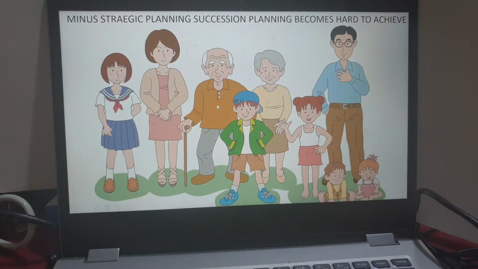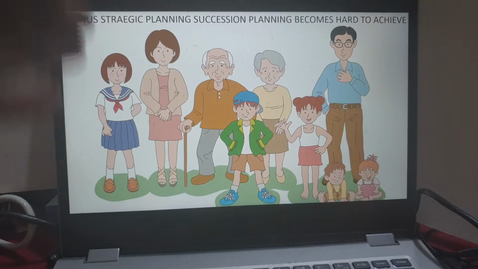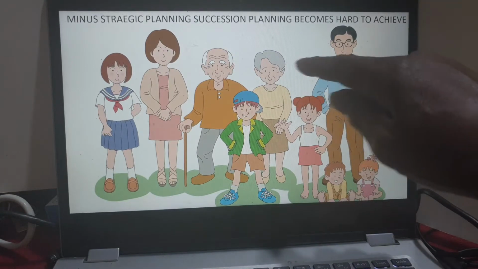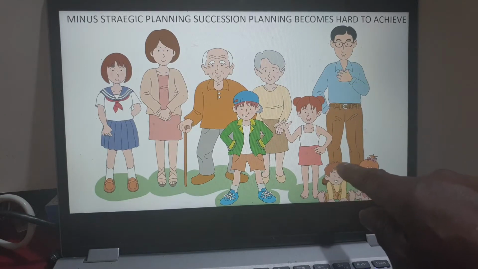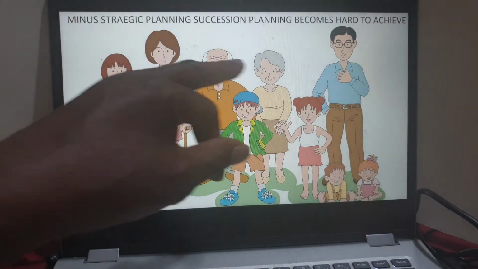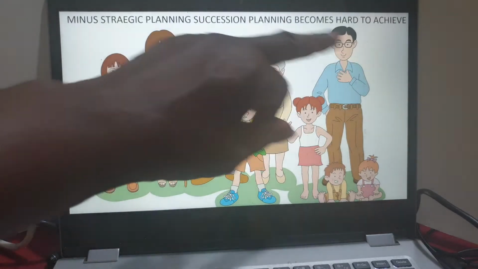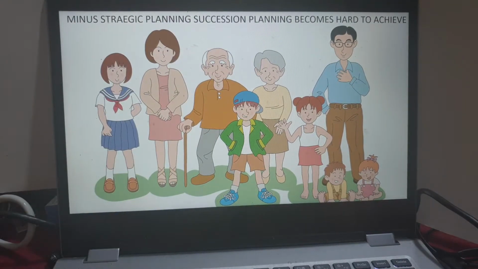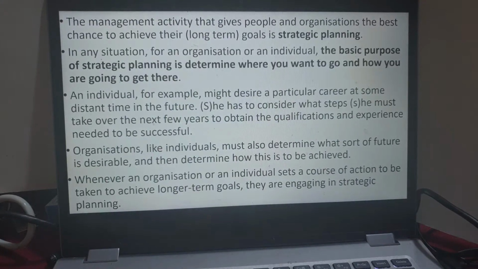Look, now we're saying minus strategic planning, succession management from the grandfather up to the last sibling, 5 generations, 6 generations, the grandfathers, the fathers, the daughters, and on and on. Minus strategic planning, succession becomes very difficult to achieve.